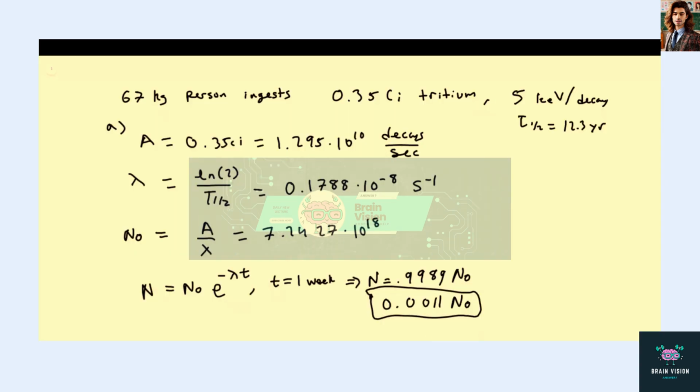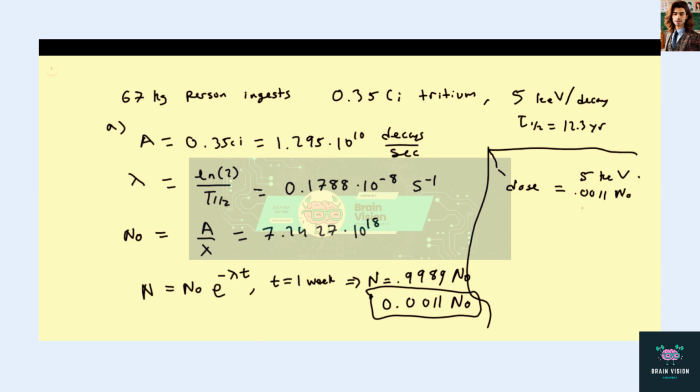Now to calculate the dose that is given over the course of 1 week, using the fact that each decay imparts 5 kiloelectron-volts of energy, the dose is 5 keV times the number of decayed tritium atoms, 0.0011 N naught.